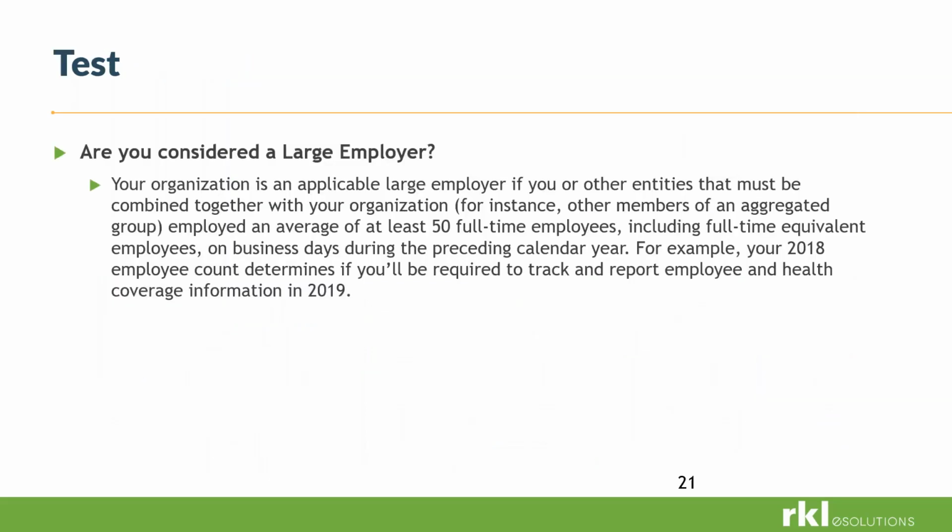If your organization is a large employer, 50 or more employees, or if you have other entities that combine together to employ an average of at least 50 full-time employees, then more than likely you qualify for Affordable Care Act reporting.